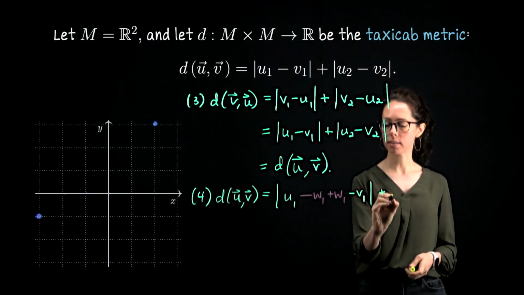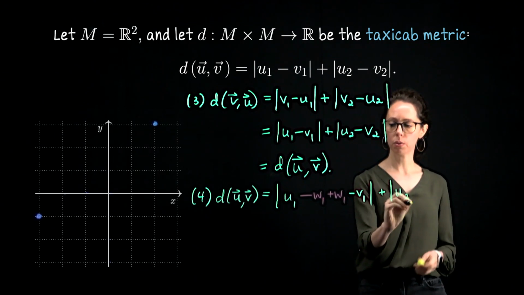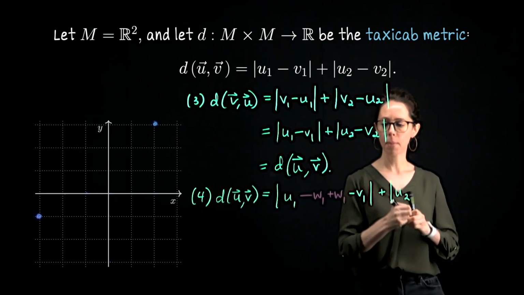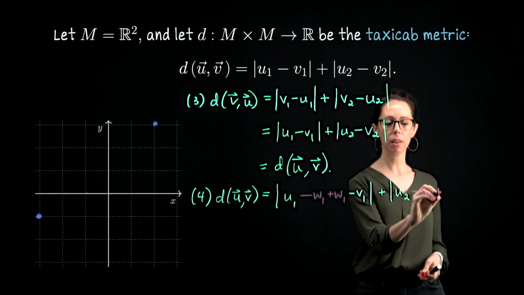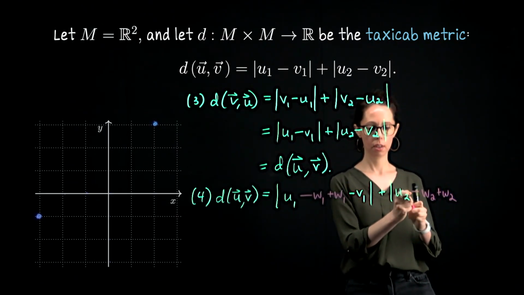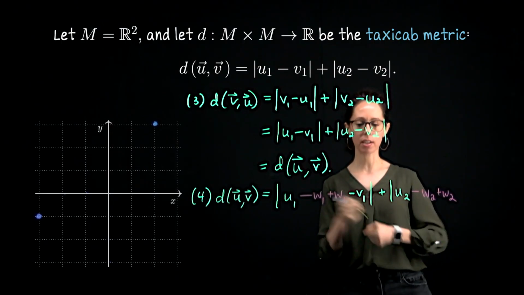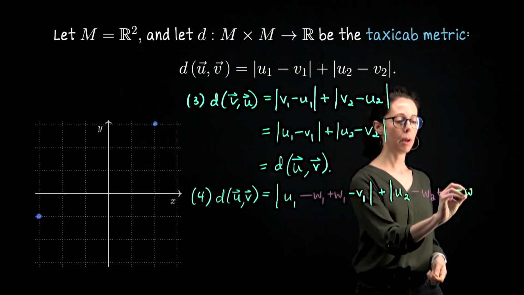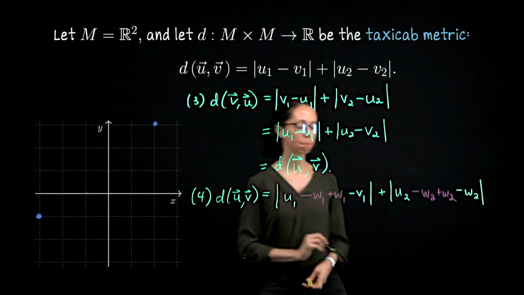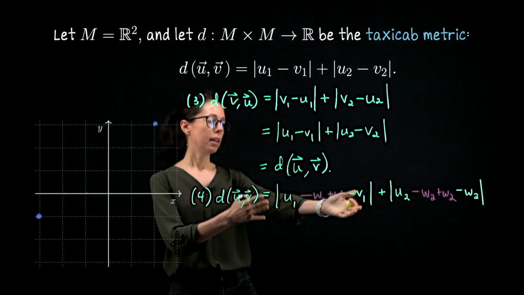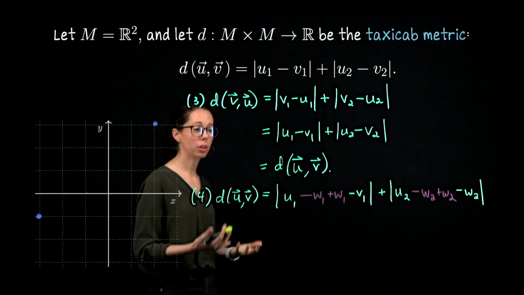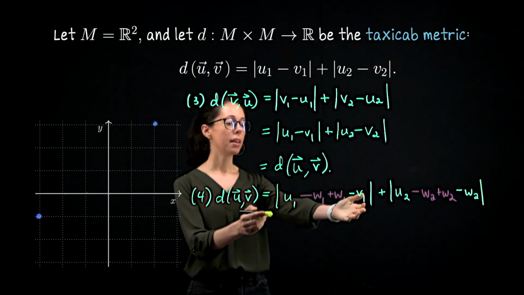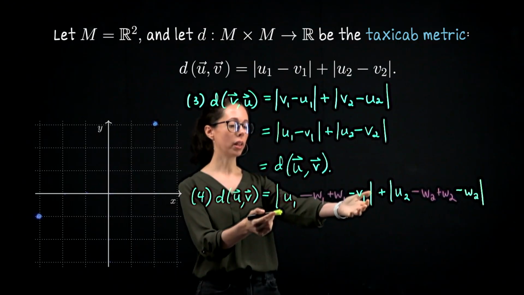And then likewise, we'll write U2 minus the y component of this other point. So minus W2 plus W2. So it's like adding a fancy version of the number 0. And then minus W2, like that. The absolute value function, which is actually the Euclidean metric on the real number line, has a triangle inequality in its own right.